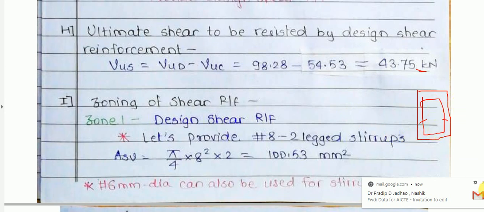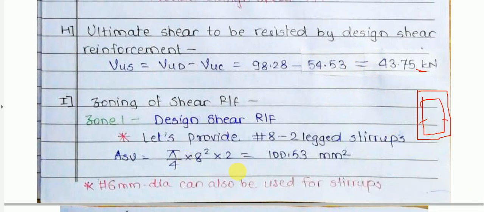If this is increasing, then accordingly we need to check how exactly those legs are provided, means either 3 leg or 4 leg. Generally in case of beams it will be 2-legged only, so 2-leg stirrups will be provided. Then that ASV is calculated based on this 8 mm diameter and 2-leg stirrups.